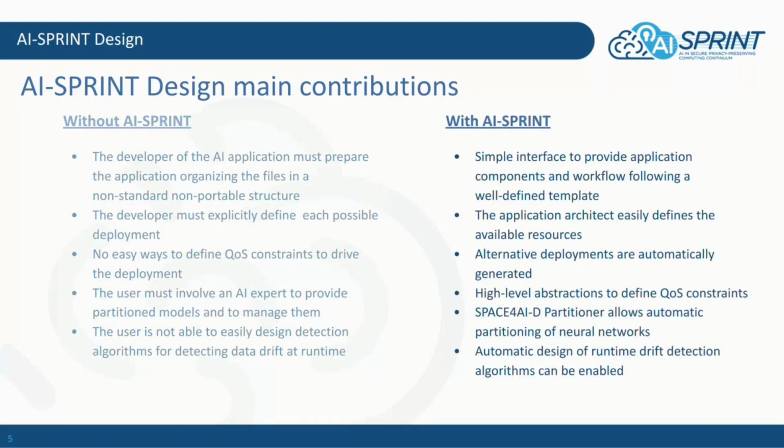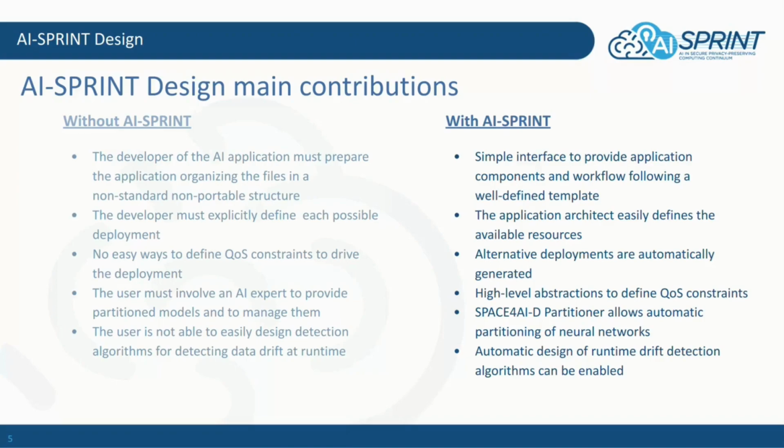With 𝗖𝗄𝗃, the design of the AI-based application becomes much easier. Indeed, both the application developer and the application architect are able to provide the implementation of the components as well as the configuration files and the description of the available resources and candidate assignments in a very easy way by using a well-defined application template.